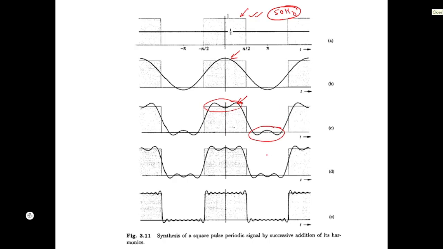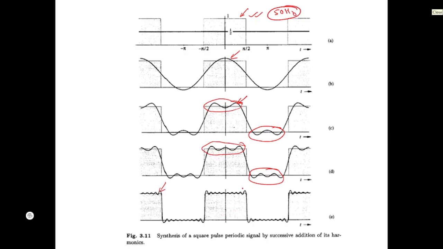When we further increase the number of sinusoids, these flat regions become more and more prominent. And when we take a large number of sinusoidal signals, this reconstructed signal nearly superimposes on the square signal.